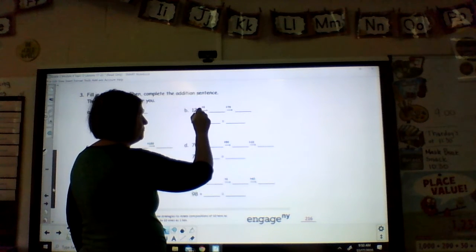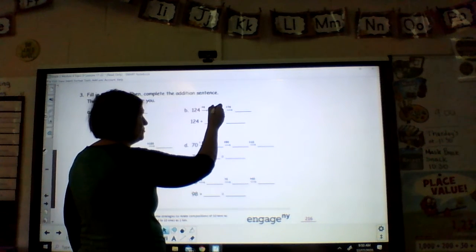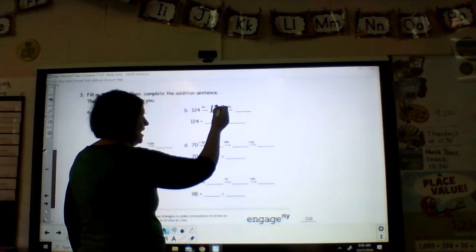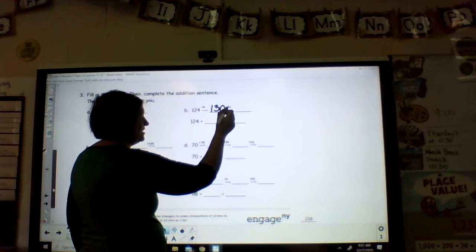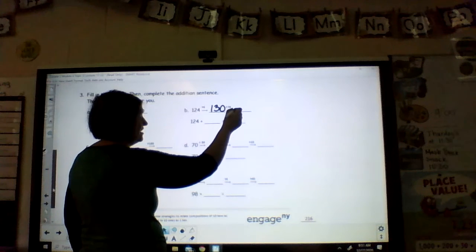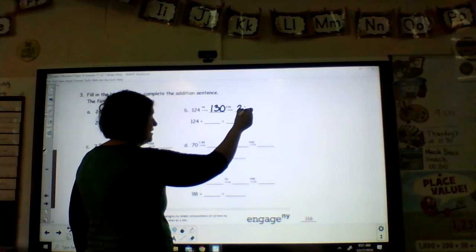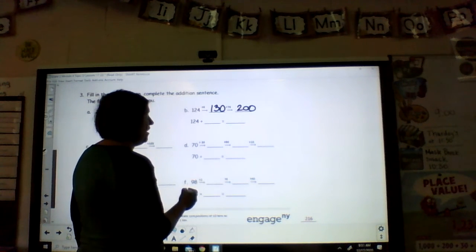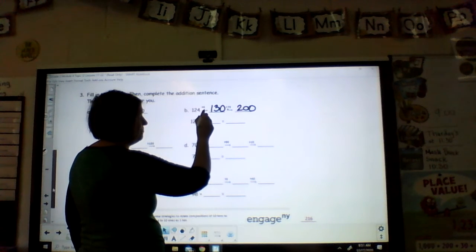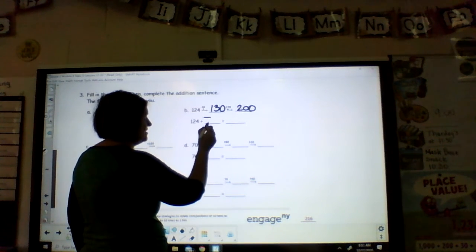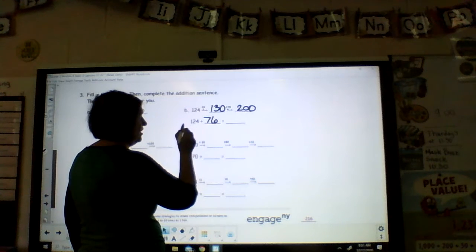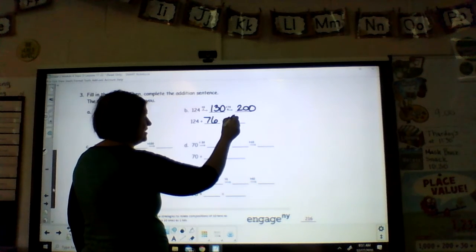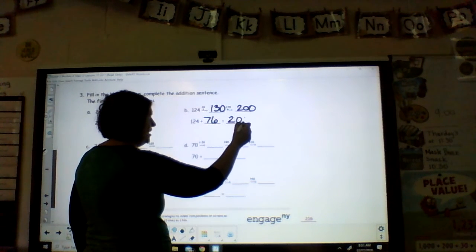Well, I know that 4 plus 6 makes a 10, so that's 130. And then 130 plus 70, so 3 tens plus 7 tens is 100. So that's going to make this be 200. Now I'm going to add my 70 and my 6 together to get 76. So I know that 124 plus 76 is 200.